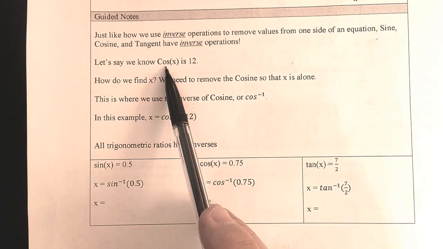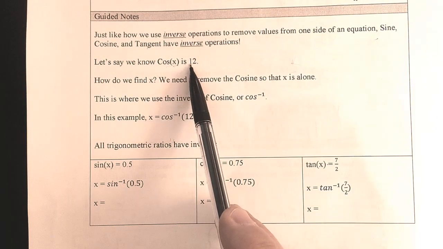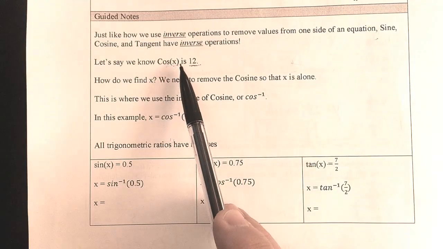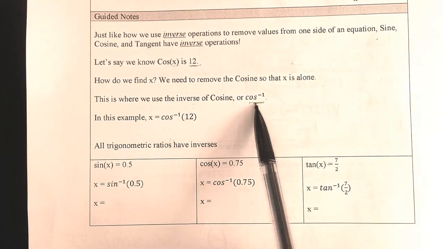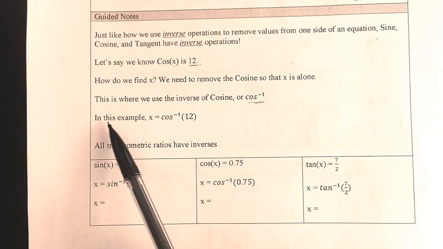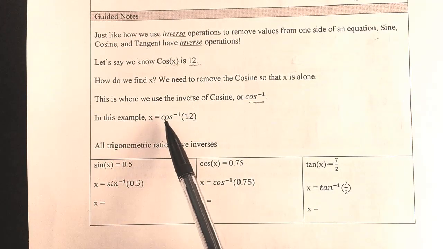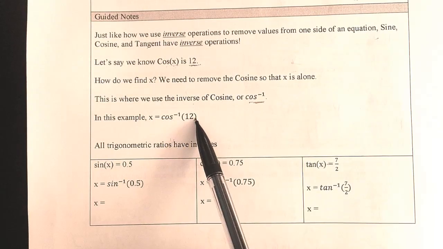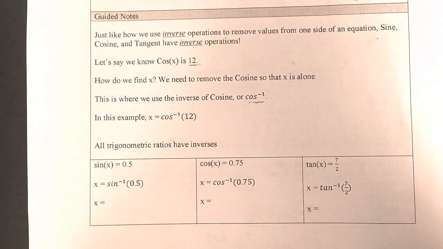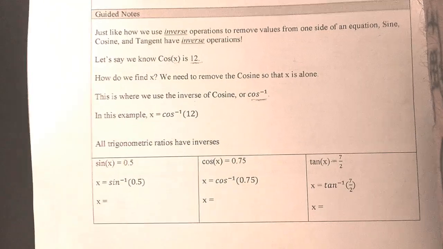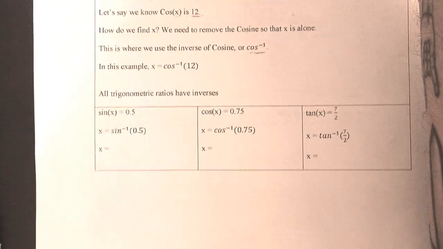So if you have cosine where we know the cosine is 1/2, that ratio is 1/2, but we're looking for the angle measure, we're going to do the inverse of cosine. So in this example, x is going to be the inverse cosine of 1/2.